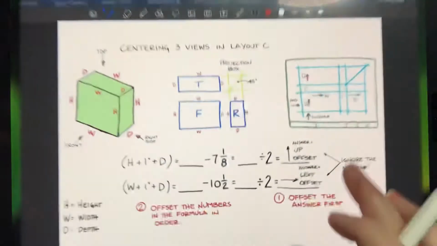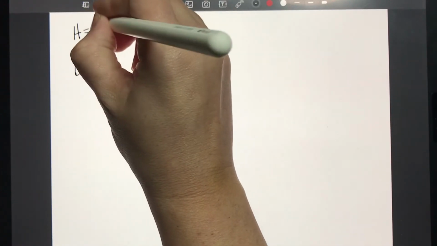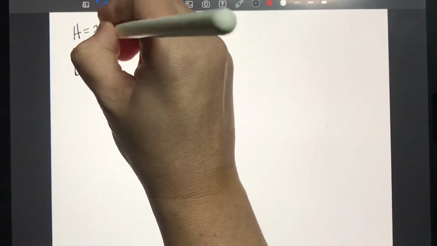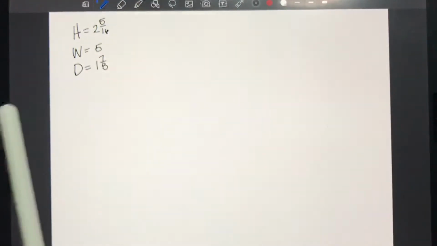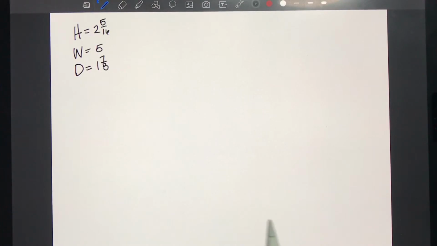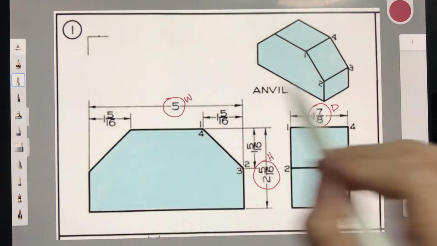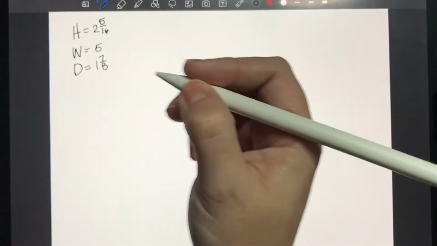You'll put your numbers into the formula. Let's double check: the height was 2 5/16, width is 5, 1 7/8 your depth. Now you're going to do the formula.